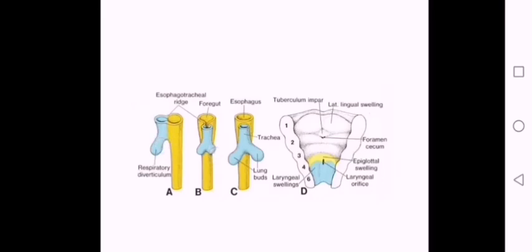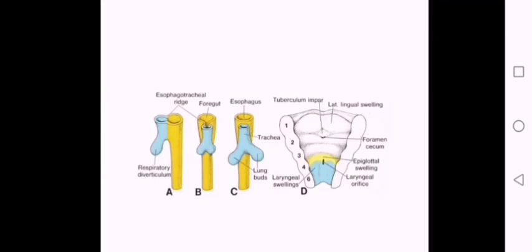Then it divides to form the lung buds, and these lung buds invade the surrounding mesenchyme to form a globular respiratory bud. This globular respiratory bud, which was first single, then divides to form the future lungs.